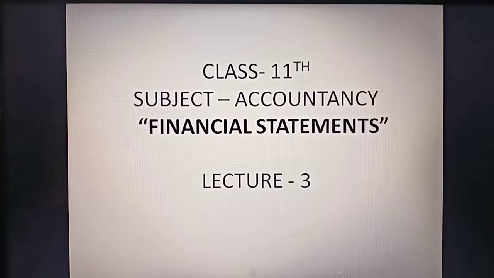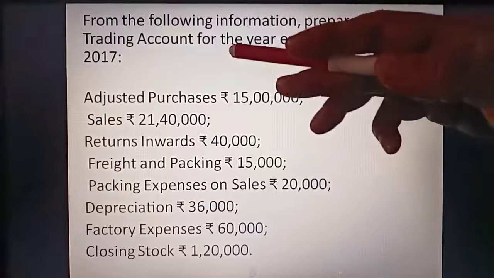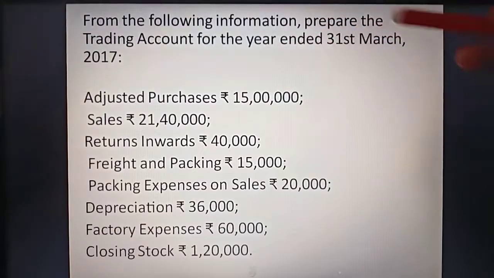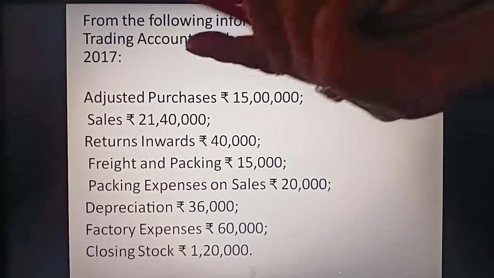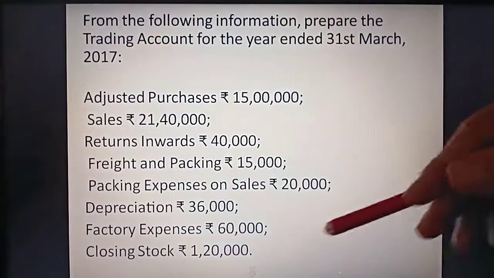In this lecture, we will discuss some questions. The first question is: from the following information, prepare the trading account for the year ended 31st March 2017. You have to prepare the trading account, and these items are given in the question.